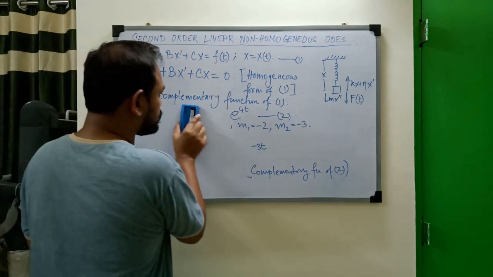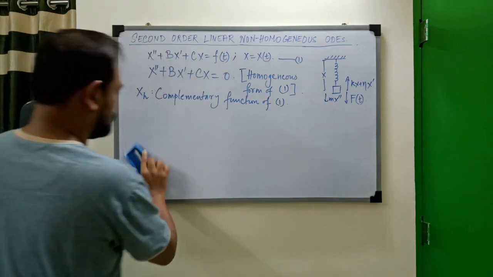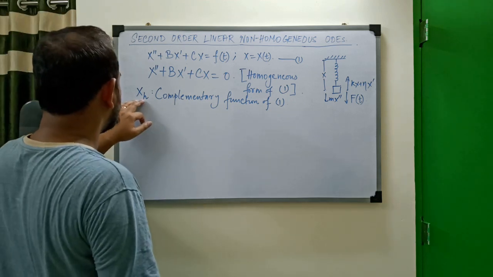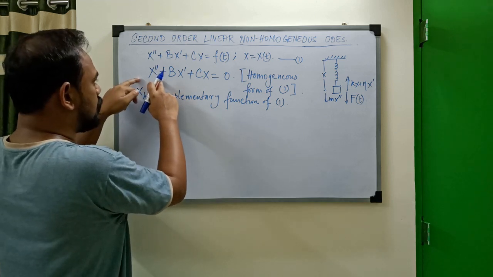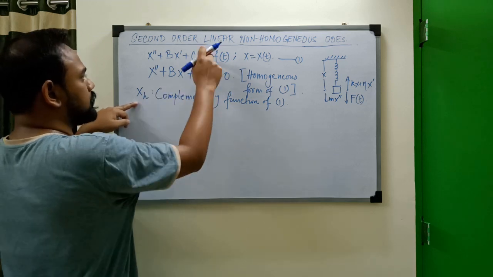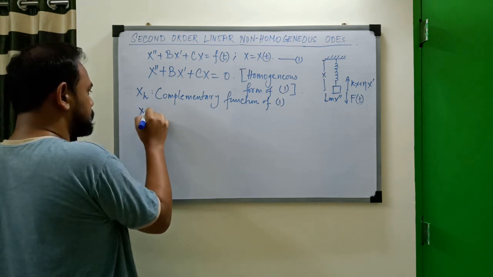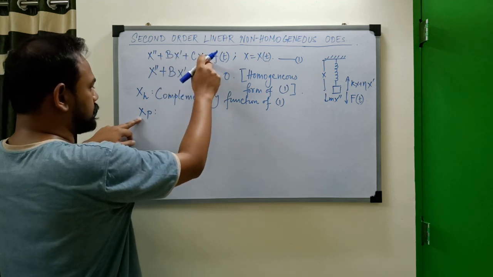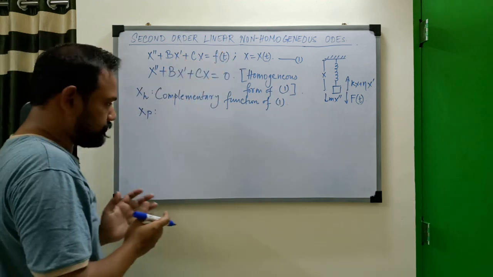Now, suppose you have a complementary function of this differential equation. In other words, a solution for the homogeneous form of this differential equation. Then, let's say xp is a particular solution. In other words, xp is a solution of this differential equation, the way we have found out for an exponential input, for example.